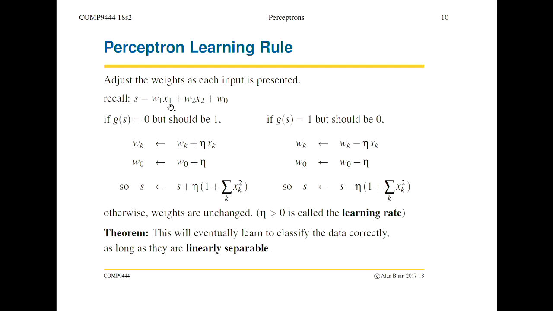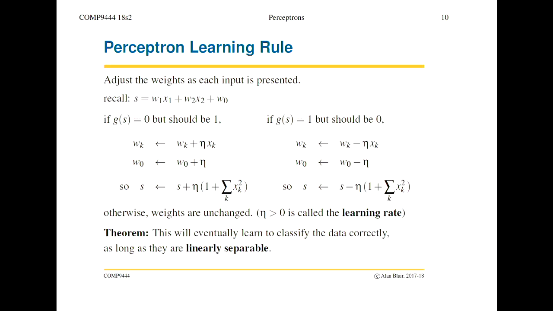If x1 is positive, I add a positive number to w1 so that s will increase. And if x1 is negative, I add a negative number to w1 because that will make s increase. So I have to change w1 in a direction which matches the sign of x1 for that particular image.